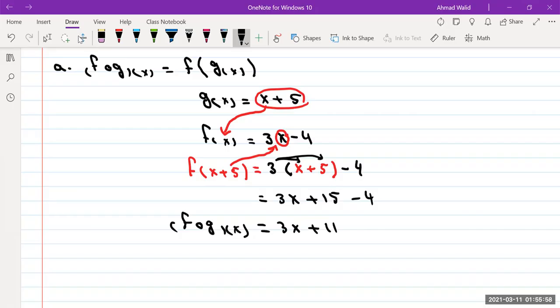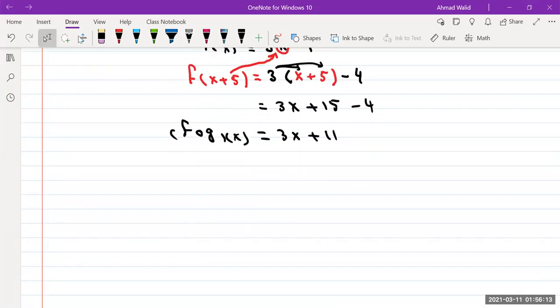Hopefully you understand, right? I just showed you how to bring g and plug it in f. Now, the other one, b, g of f of x, means g parentheses f of x.